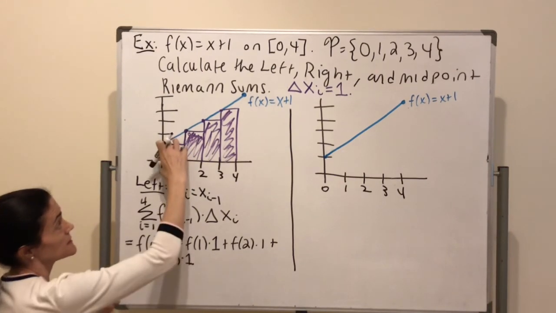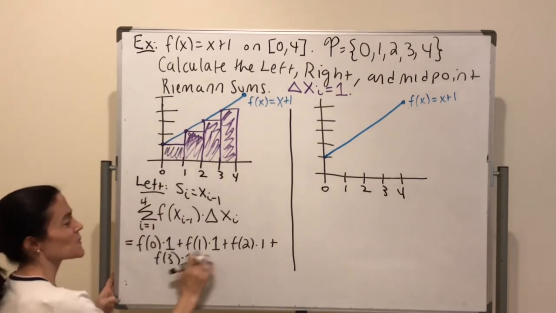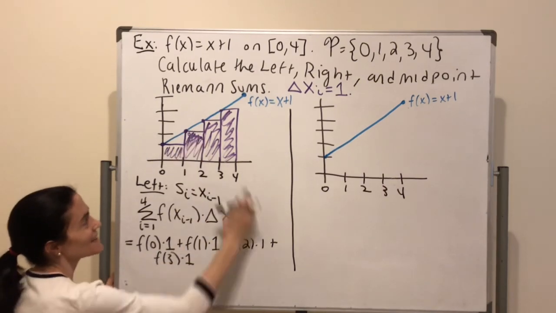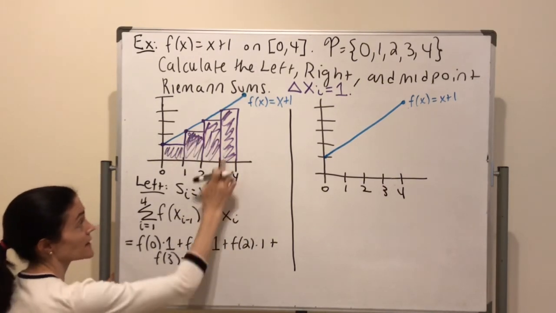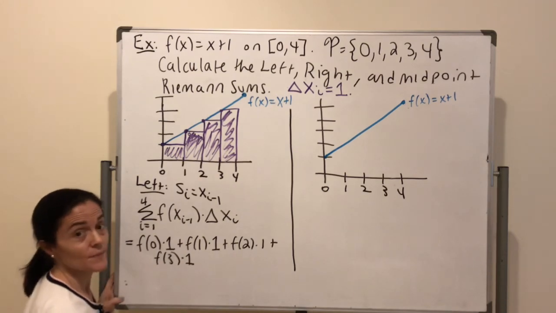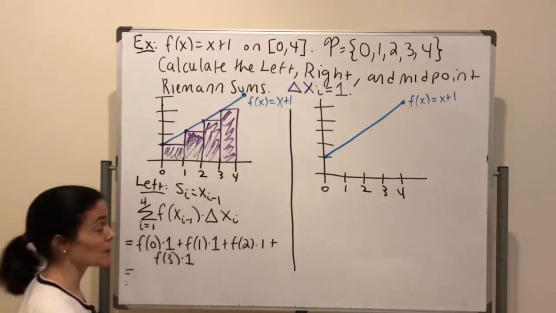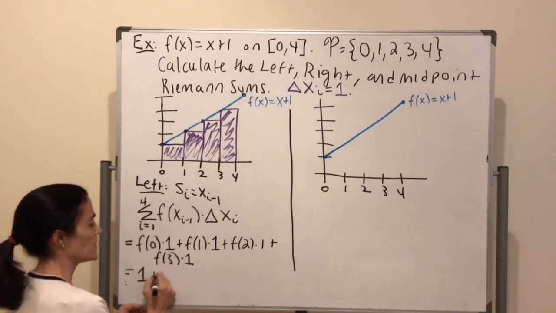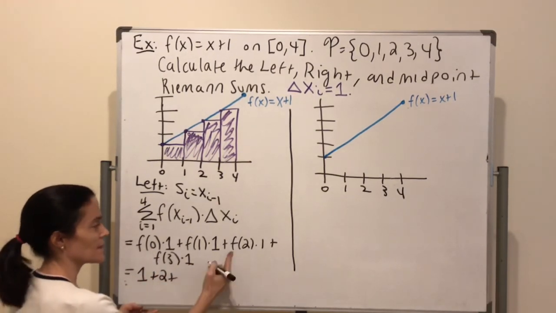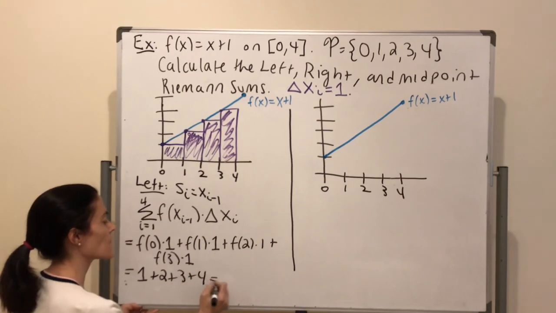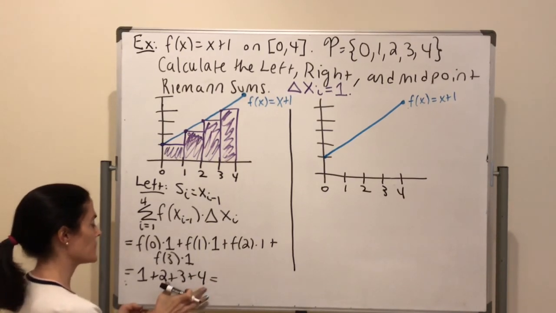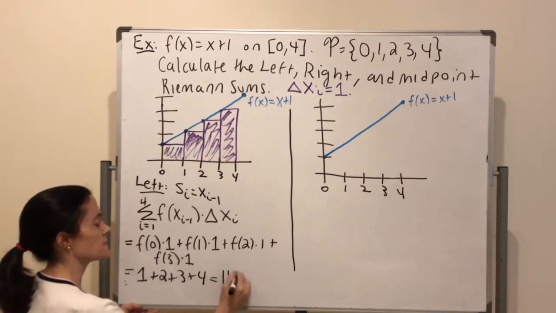And this is this area. This one is this area, and then the third rectangle's area, and finally the fourth rectangle's area. Okay, the function value is x plus 1, so we get 1 plus 2 plus 3 plus 4, and this is 6 and 4, this is 10.